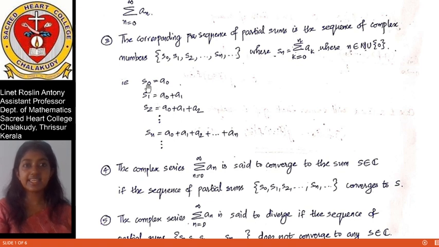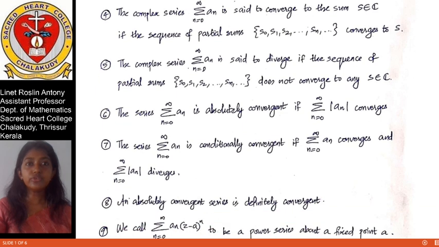To illustrate, S0 is equal to a0, since n is 0. S1 is equal to summation k equal to 0 to 1 a_k, that is a0 plus a1. S2 becomes a0 plus a1 plus a2, etc. Sn is equal to a0 plus a1 plus a2 plus etc. plus an. That is called the sequence of partial sums of a given series summation n equal to 0 to infinity a_n.